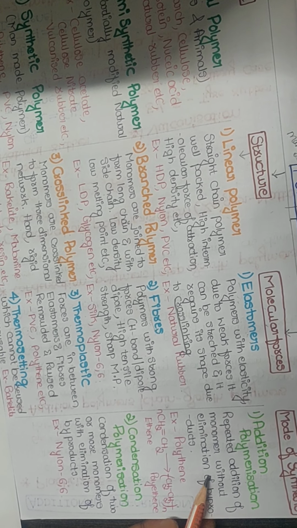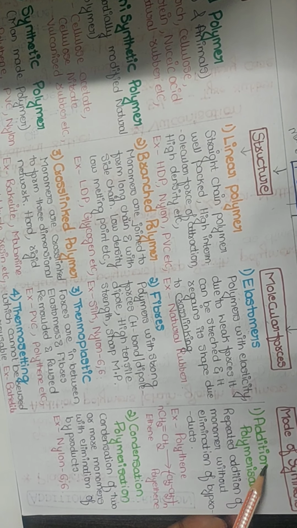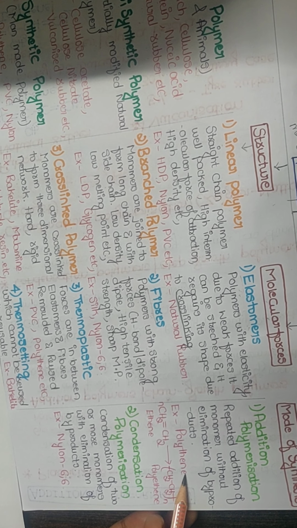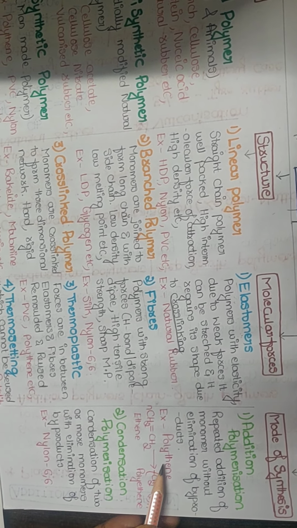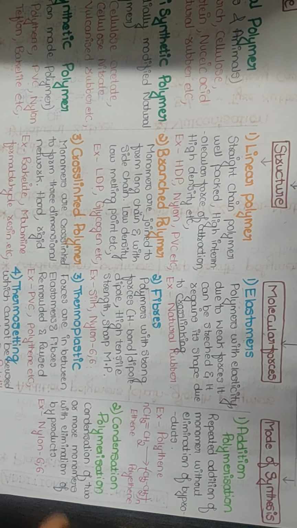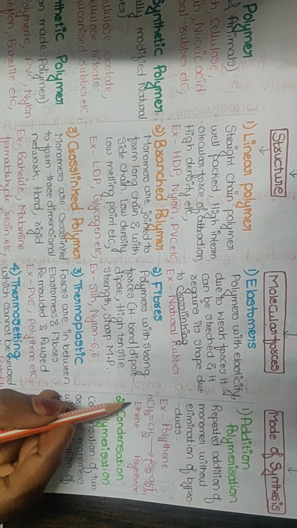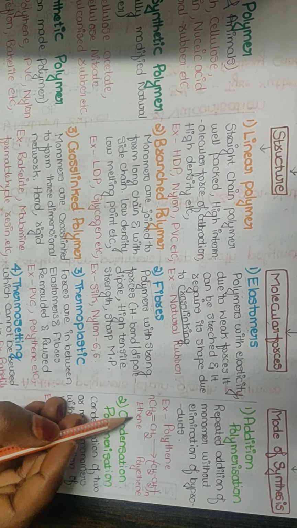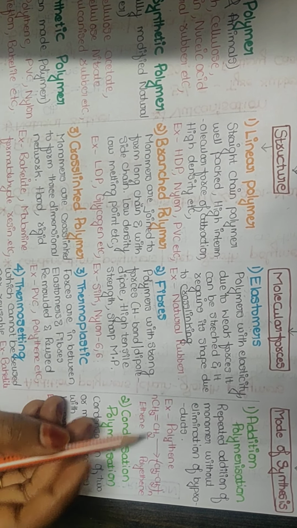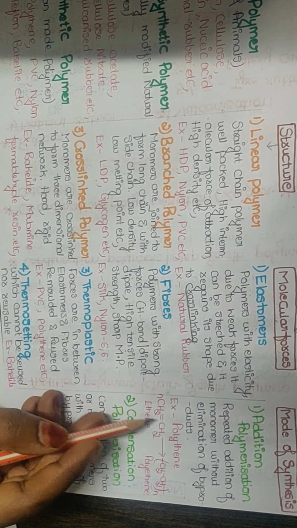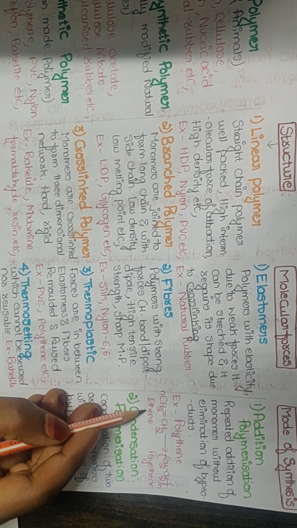The simplest example for addition polymerization is polyethene, which is also called polythene. Here the monomer is ethene. The word itself is telling: eth refers to 2 carbons, ene refers to a double bond. So it is an unsaturated alkene with 2 carbons, so it is called ethene.